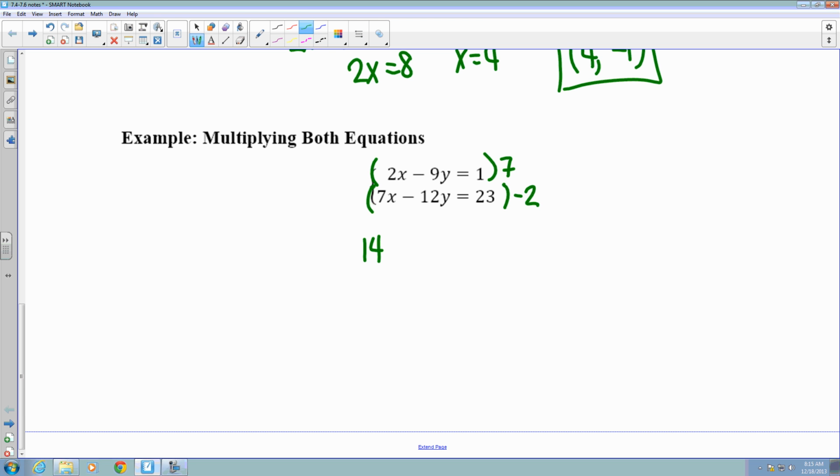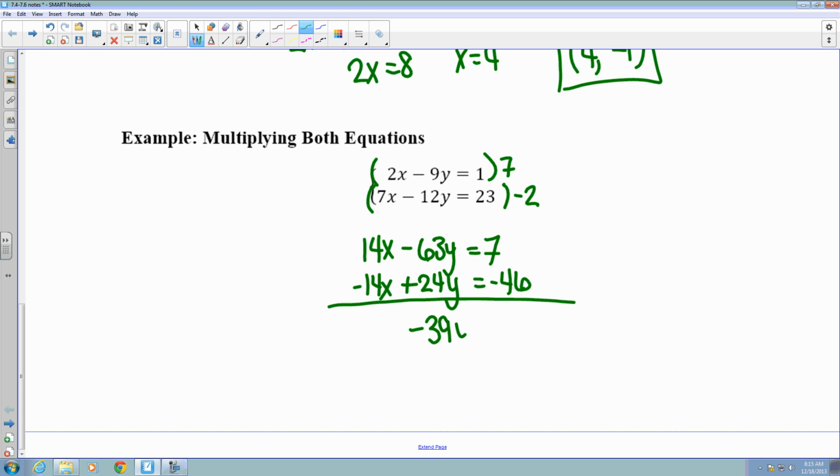So 14x minus 63y equals 7, and negative 14x plus 24y equals negative 46. At that point, I can add everything down and cancel. Negative 63 plus 24 is negative 39y. And negative 46 plus 7 is also negative 39.